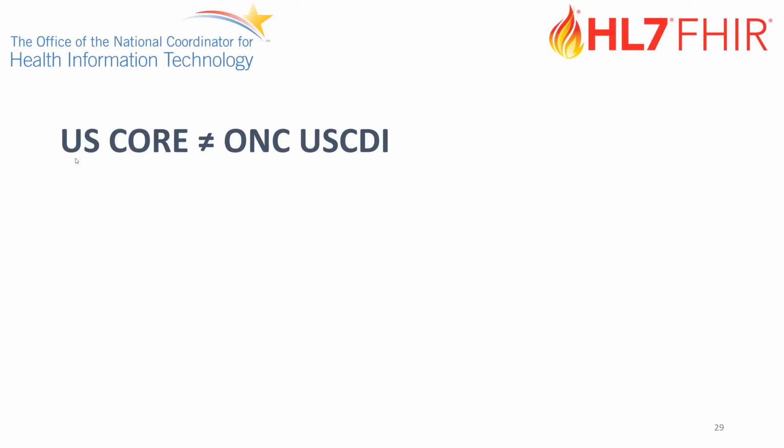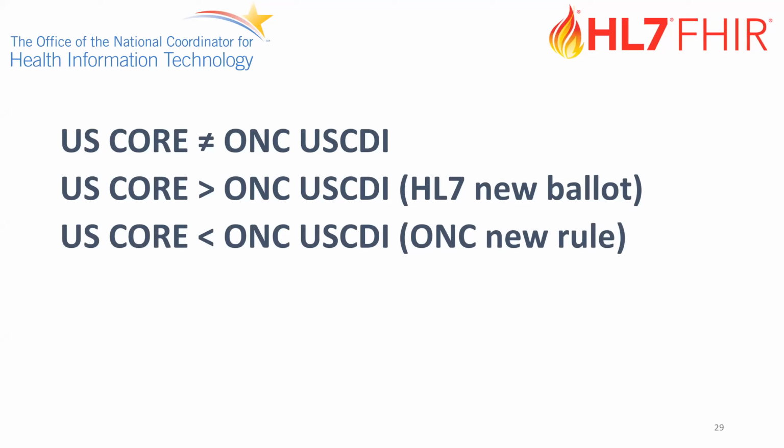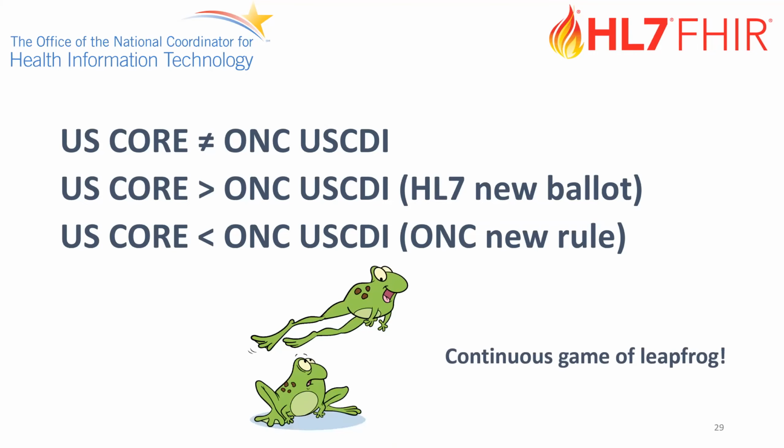And so there were instances where US Core was actually ahead of the USCDI, and a couple of those where we were first on the block with some guidance around provenance and encounter and clinical notes. So the bottom line there is you can see that US Core is not equivalent to USCDI. Sometimes we're ahead, sometimes, like I showed in the previous slide, sometimes we lag a little bit behind. So it's basically a game of leapfrog here.